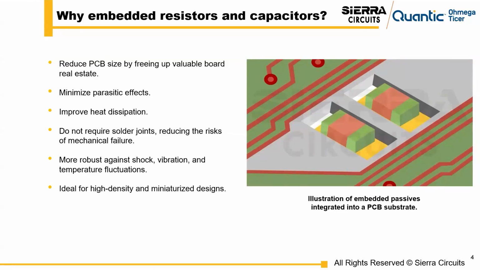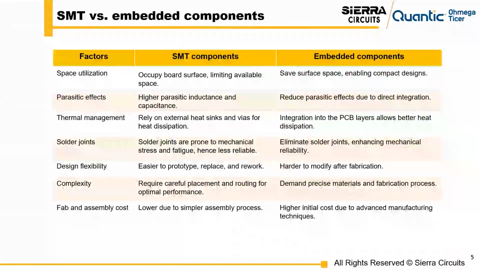And if there's a lot of exposure to external forces, that could be a very good way to reduce risk of mechanical failures. And then also you can use this technology to shrink your electronics and also achieve an overall better signal integrity. So there are some very key advantages to this technology if you're facing any of these challenges.